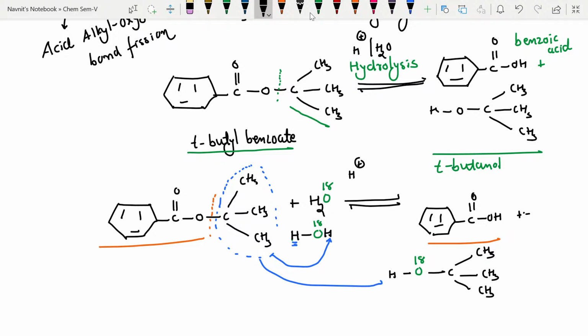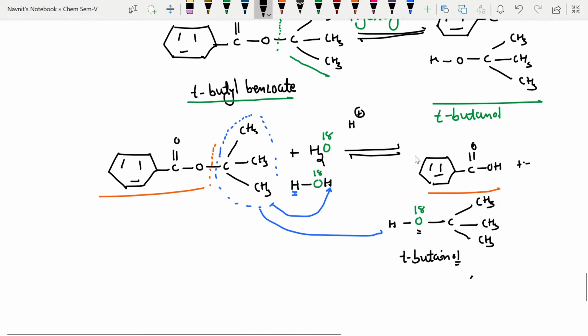Is it clear? Is there any doubt how we can prove that during the reaction the alkyl oxygen bond breaks? By reaction with water in which the oxygen is labeled with an isotope of oxygen, O18. This labeled oxygen appears in the product alcohol, tertiary butanol, and this can easily be determined by mass spectrometry, because isotopes can easily be determined by mass spectroscopy.